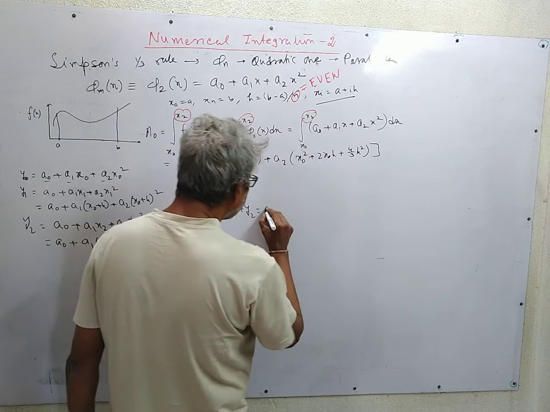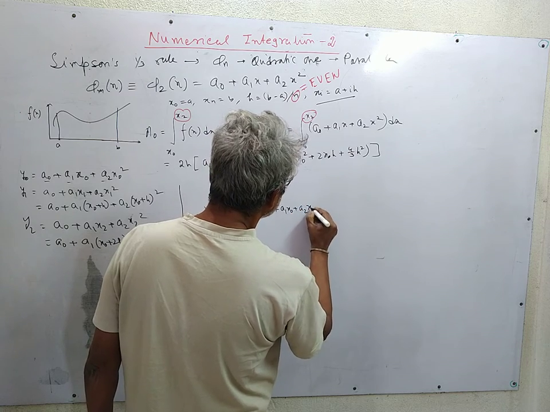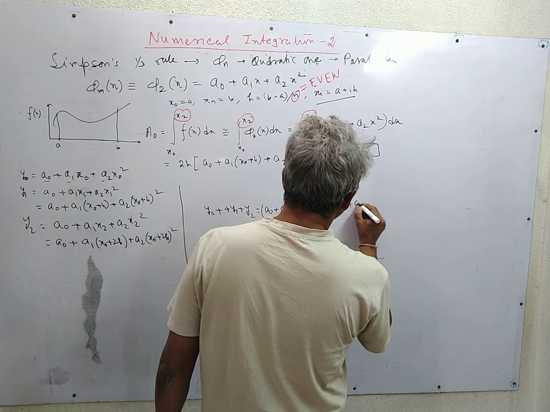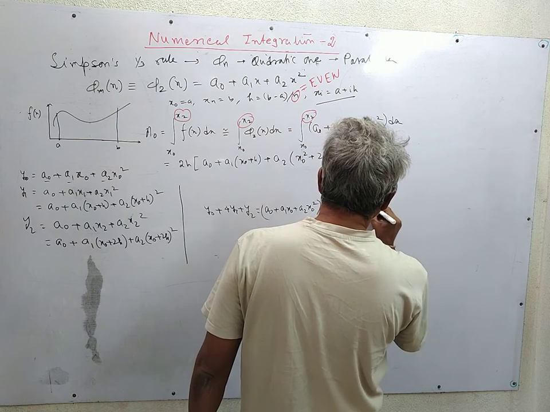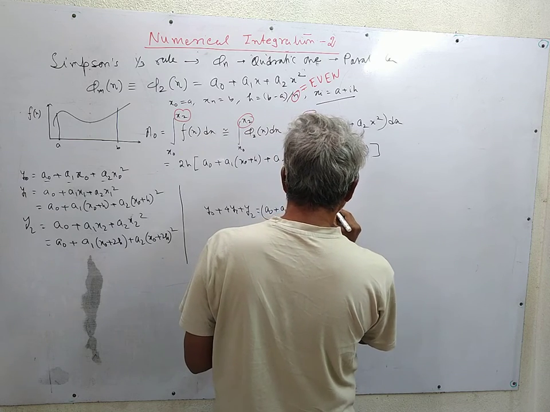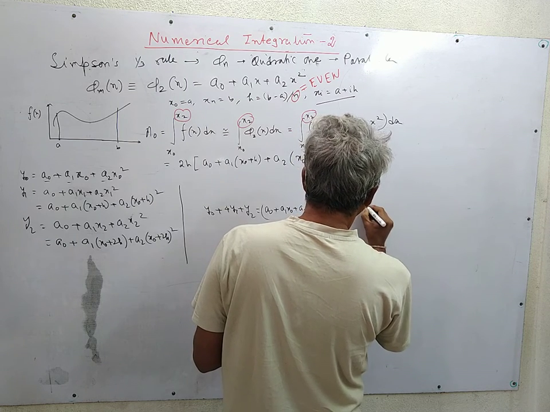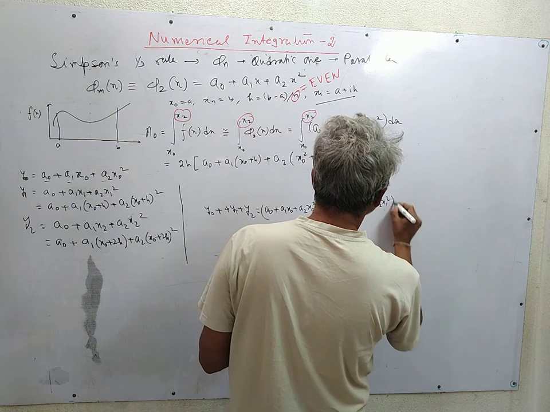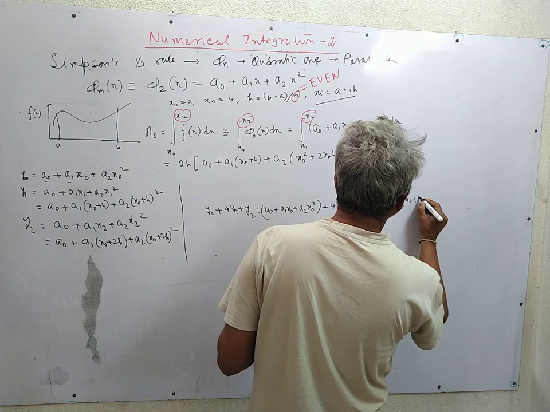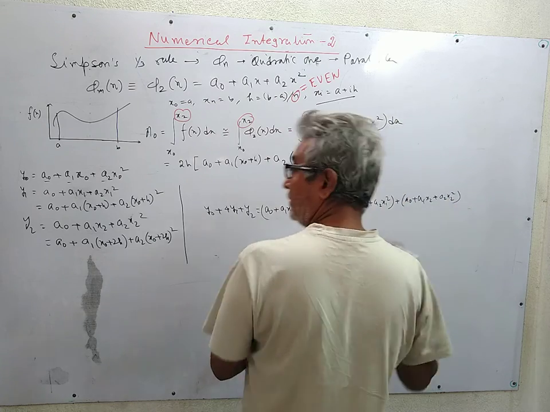So for y0 we write a0 plus a1 x0 plus a2 x0 square, plus 4 times a0 plus a1 (x0 plus h), rather write first step as a0 plus a1 x1 plus a2 x1 square, plus a0 plus a1 x2 plus a2 x2 square.